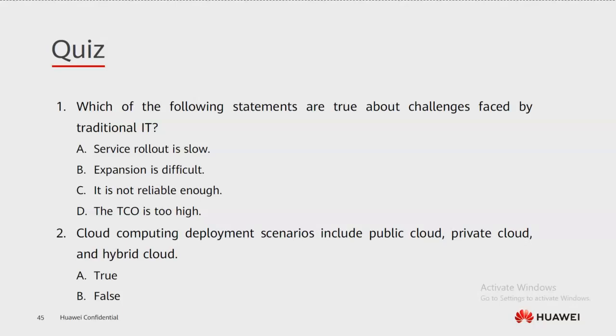D, the TCO is too high. It should be more than one: A, B, C. So actually all of them are true. Yes, all of them are true, as we've seen in the slides.